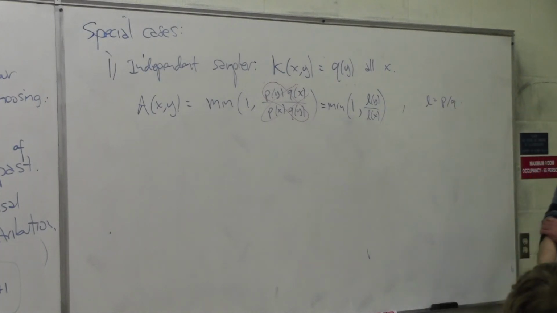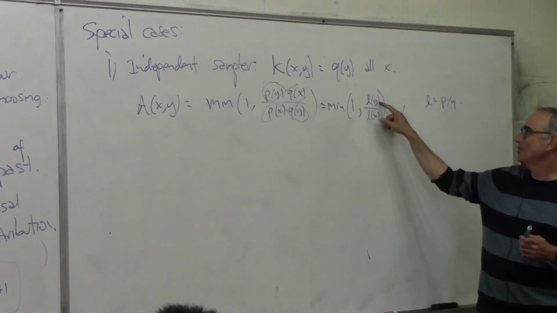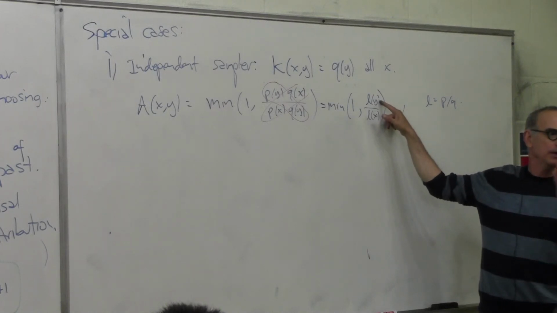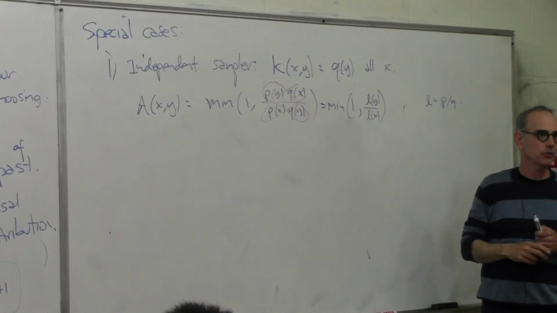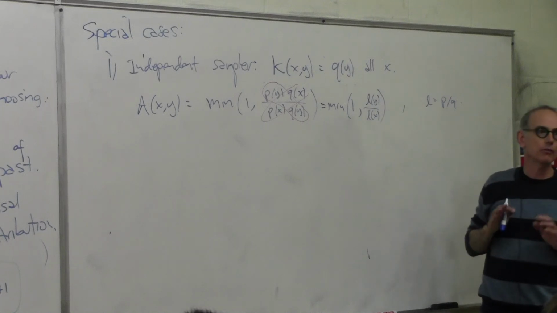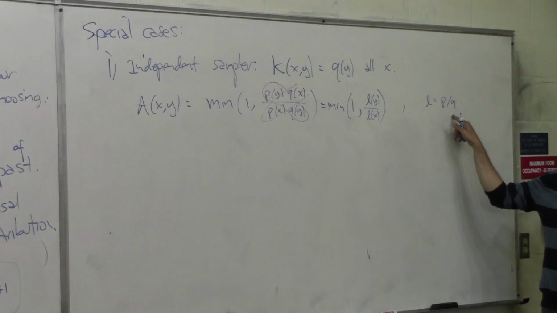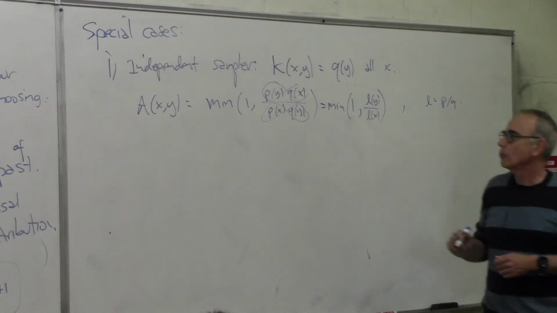All right, and there it is. I'll maybe draw a sketch in a moment, but there it is. So you look at the ratio of likelihood ratios, my previous likelihood ratio and the new likelihood ratio. And so if the new likelihood ratio is very big, then this minimum will be 1, and I'll accept for sure. And if the new likelihood ratio is very small, it's unlikely, P over Q is small, then my probability of accepting is small. All right, that's one.